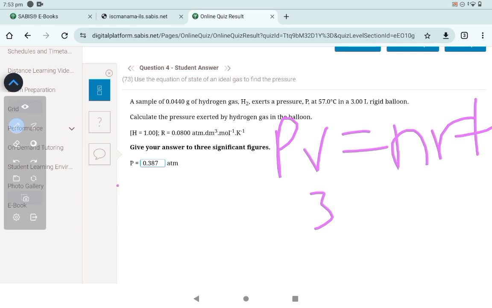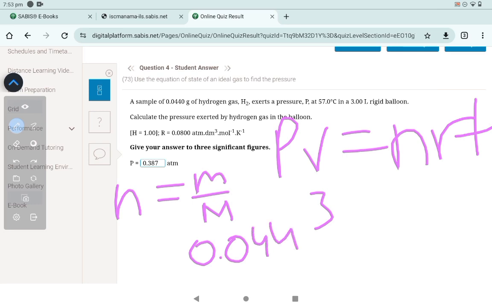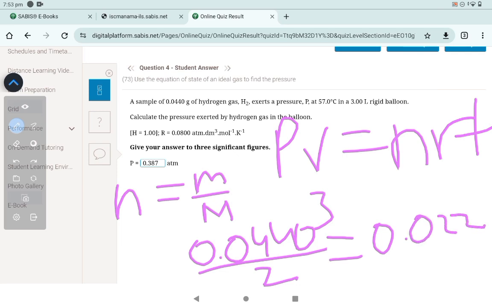To find the moles, n is equal to m over M. So we can do 0.0440 over the molar mass. It's H2, hydrogen. It's 2 H's, so it's going to be 2. We have to divide by 2, which will give us 0.022. Okay, R is constant.